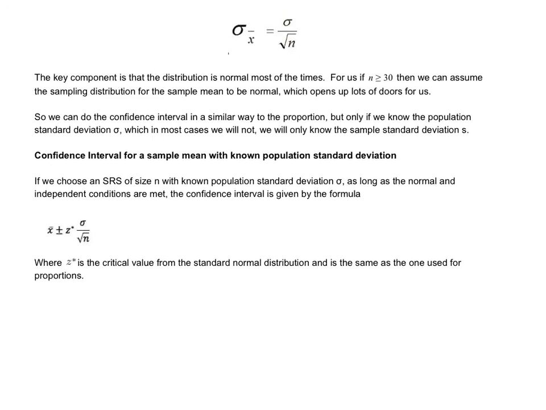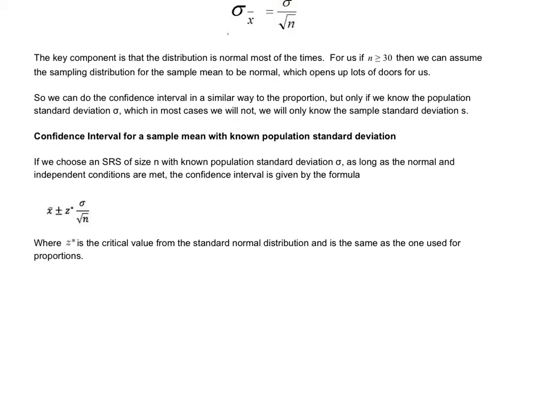So there are two different ways to calculate the confidence interval for a sample mean. The first is with a known population standard deviation, and the second is with an unknown one. If we know the population standard deviation, then we choose an SRS of size n, and as long as it's normal and independent, the confidence interval is given by the formula x bar plus or minus the z critical value times the standard deviation of the population divided by the square root of n.